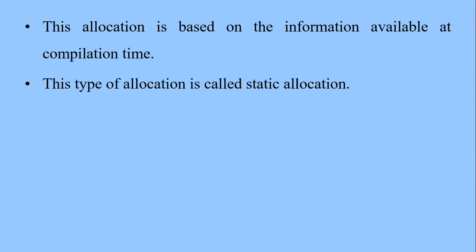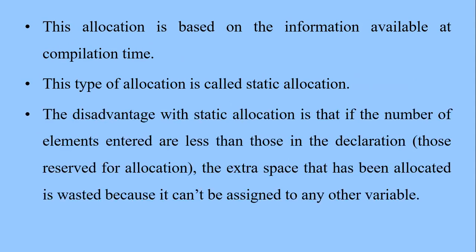This type of allocation is called static allocation. The disadvantage with the static allocation is that if the number of elements entered are less than those in the declaration, that is, those reserved for allocation, the extra space that has been allocated is wasted because it can't be assigned to any other variable.